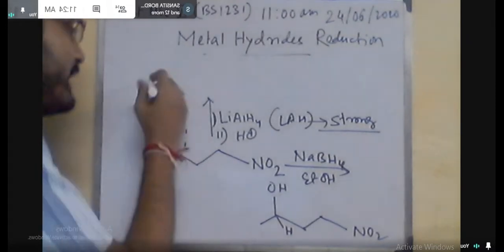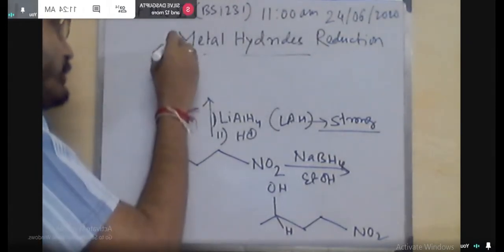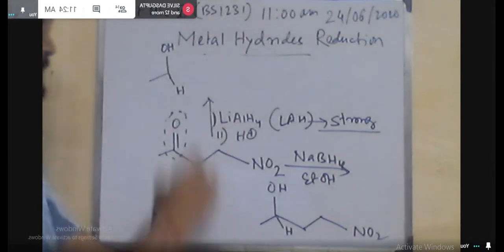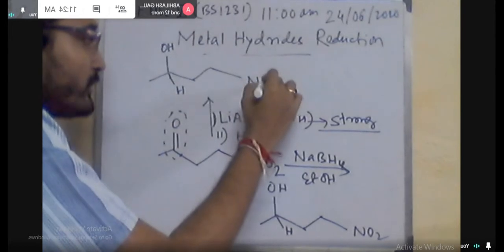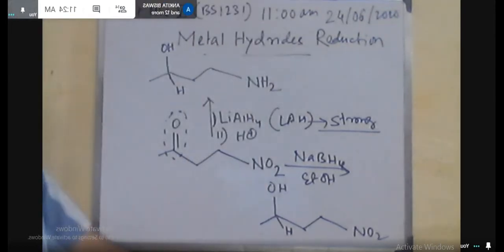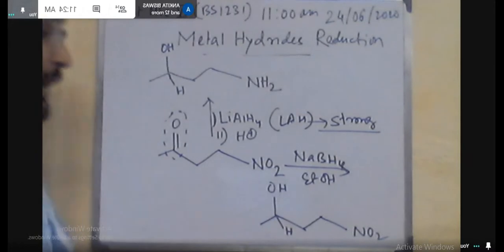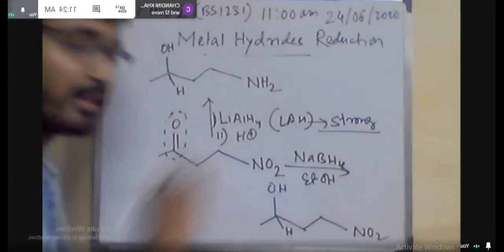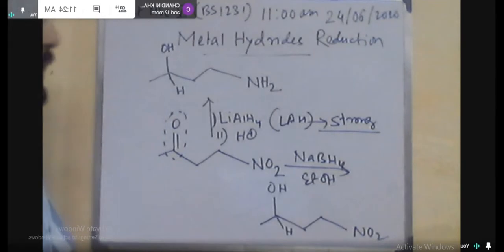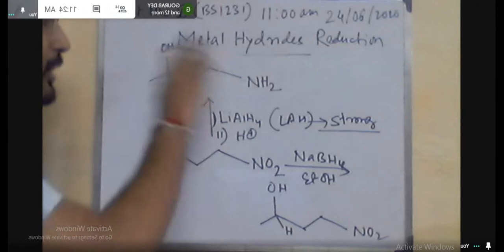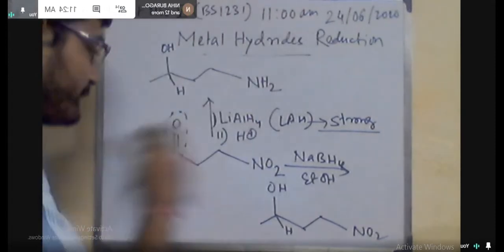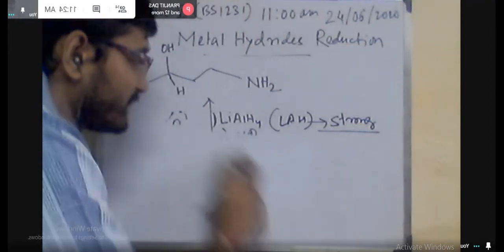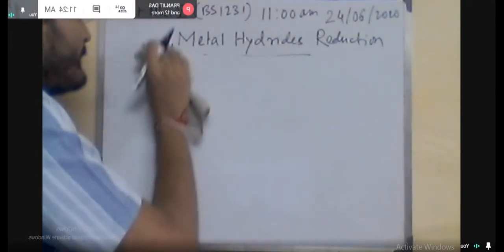Okay, so another example. This is the reduction of the carbonyl, that means ketone, and it will be similar for the aldehyde also. So if this is acetaldehyde, and you use sodium borohydride in ethanol, hydrogen will be attached here and it will be converted to the corresponding OH. So OH, H, methyl. Now this is the 1-degree alcohol, or the primary alcohol.